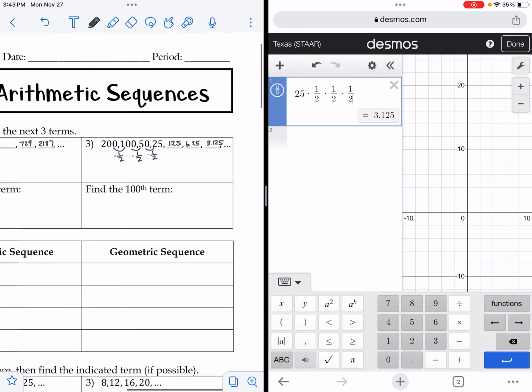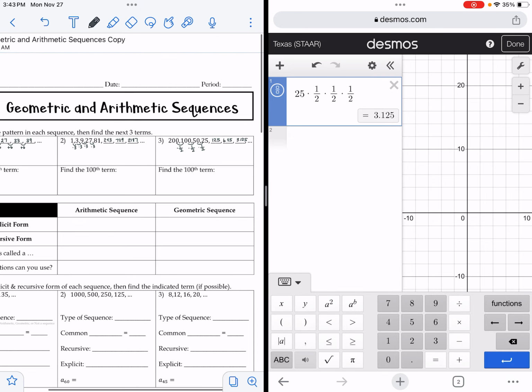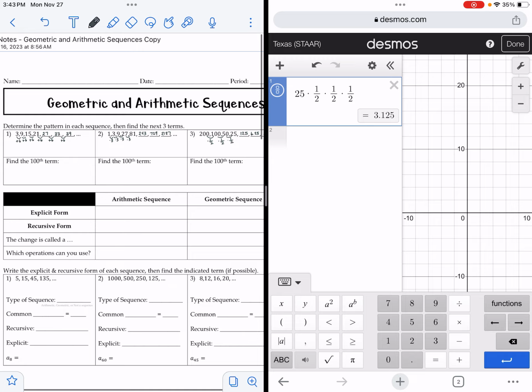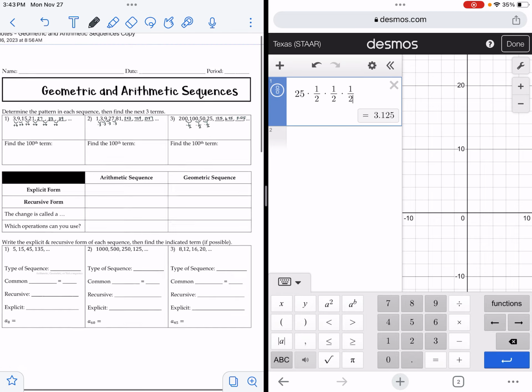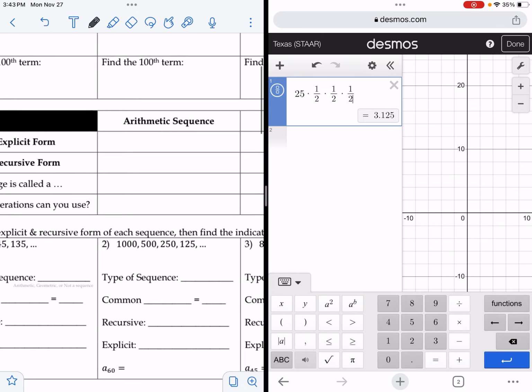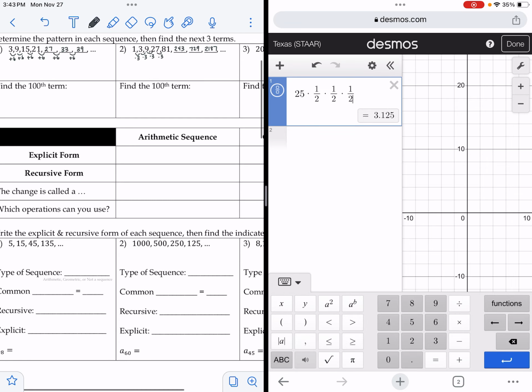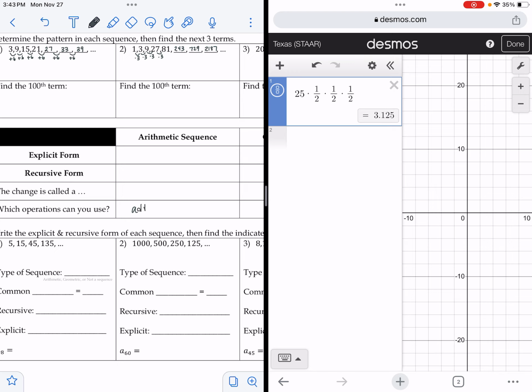Okay, and so for Algebra 1, the 2 types of sequences you are going to notice are adding and multiplying. If your pattern is adding, it's called an arithmetic sequence.